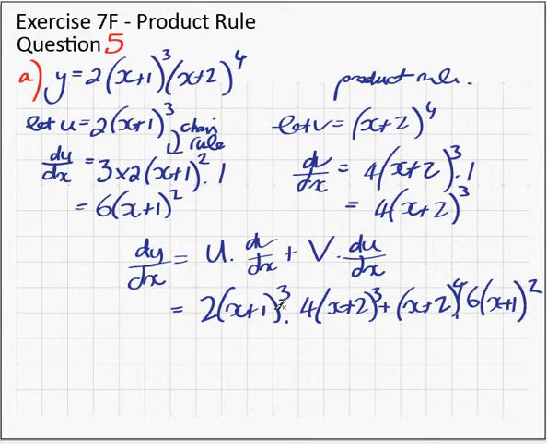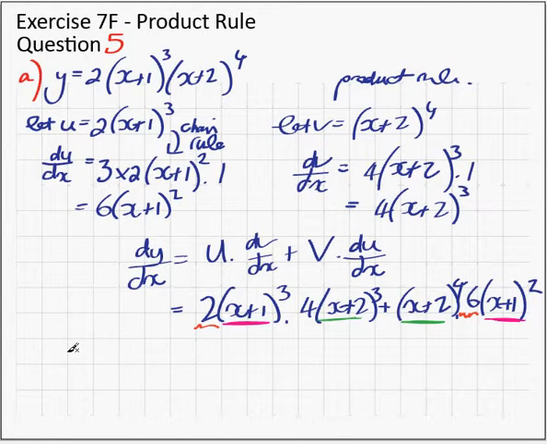I've got (x plus 1) cubed here, and an (x plus 1) squared there. And the other term I've got is (x plus 2)s. In fact, there's a third term here I can see, which is a factor of 2. I can bring that out of both of those.